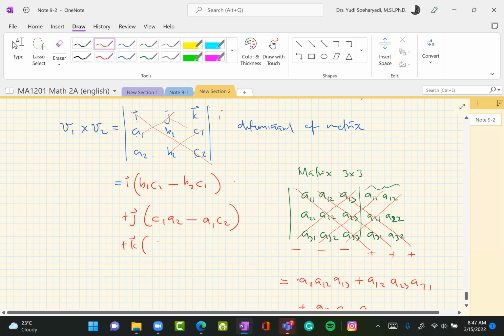And the K is, pretend you have A1 and B2 minus B2, A2. This is one.